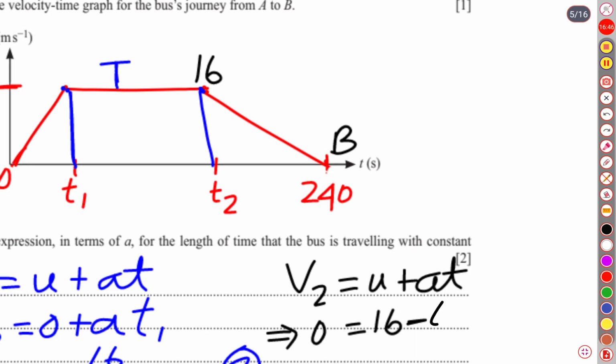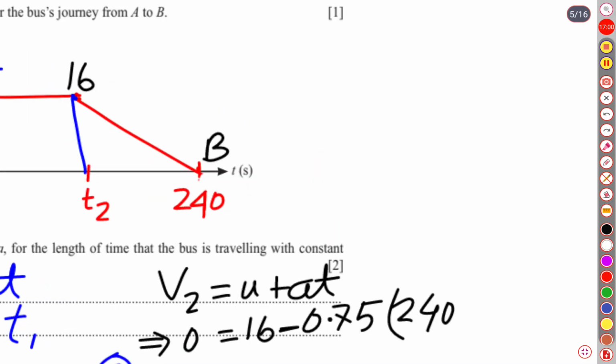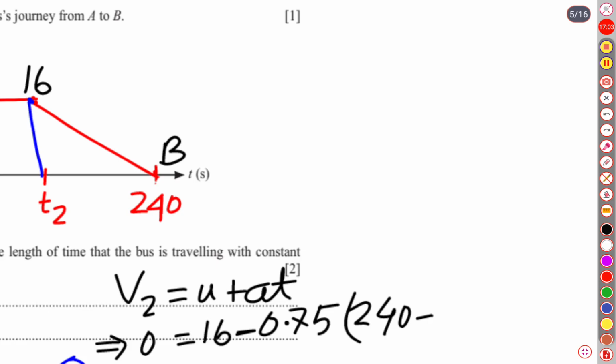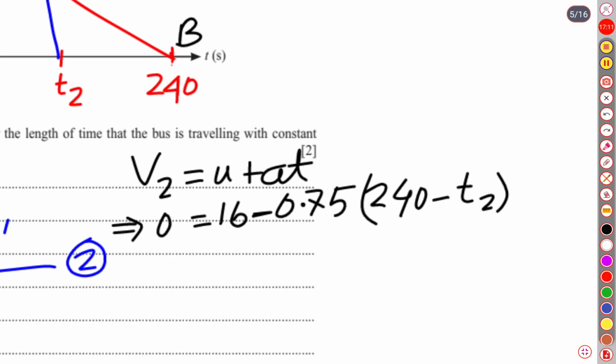Now the change in time is 240 minus t2. Well, we require time to be isolated. If we multiply 0.75 and 240, it is going to be 180. So 180a.